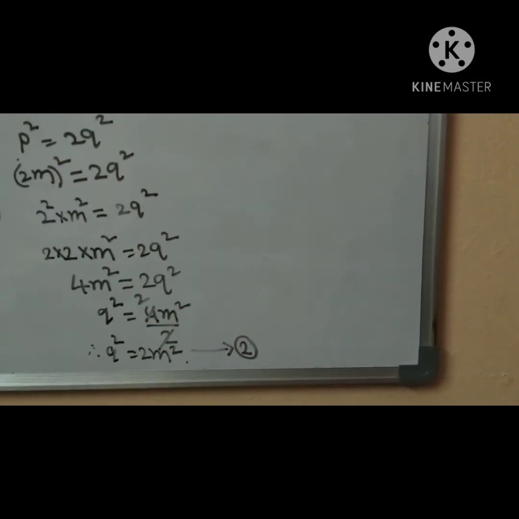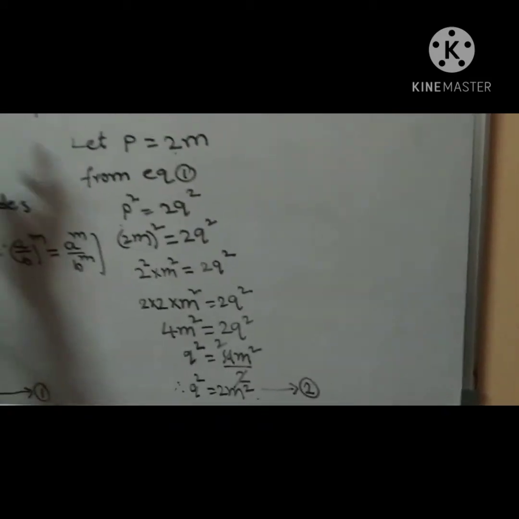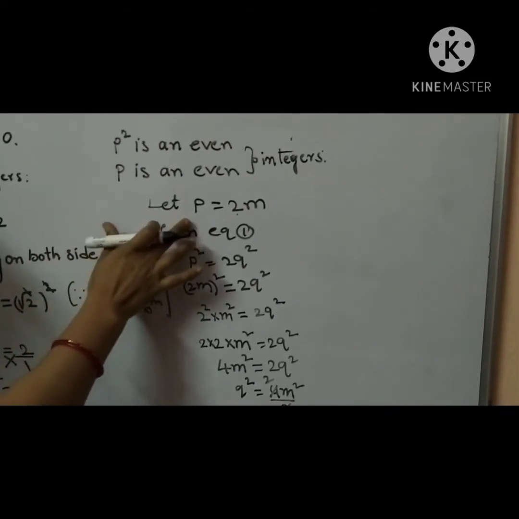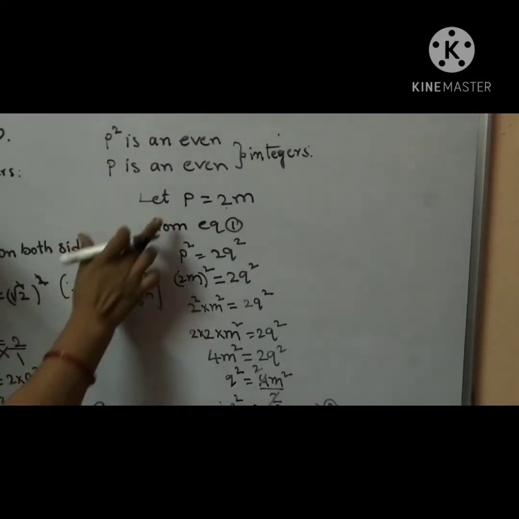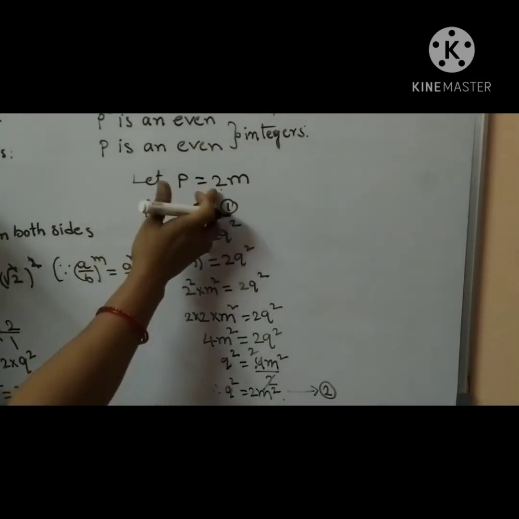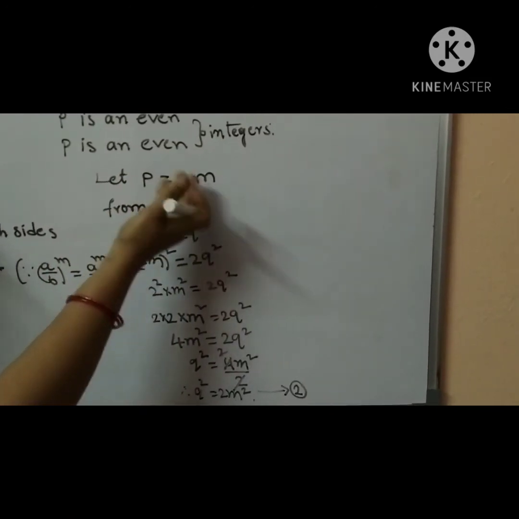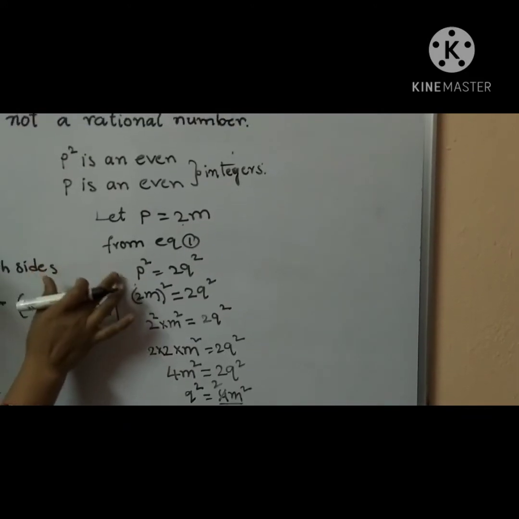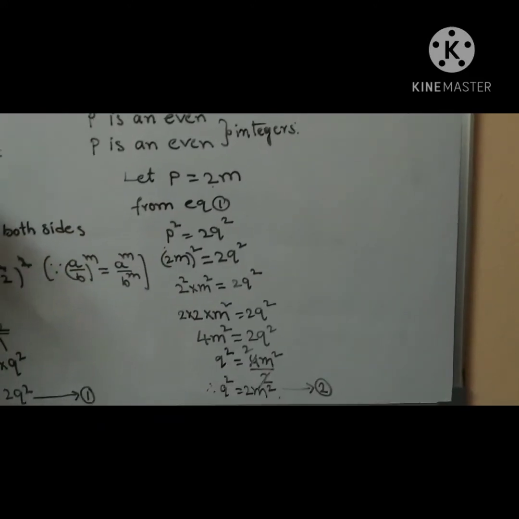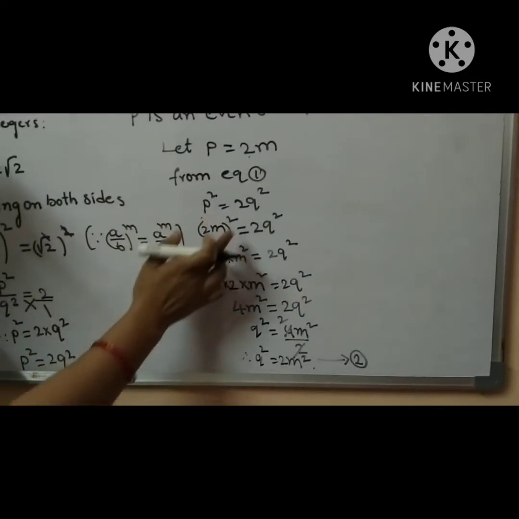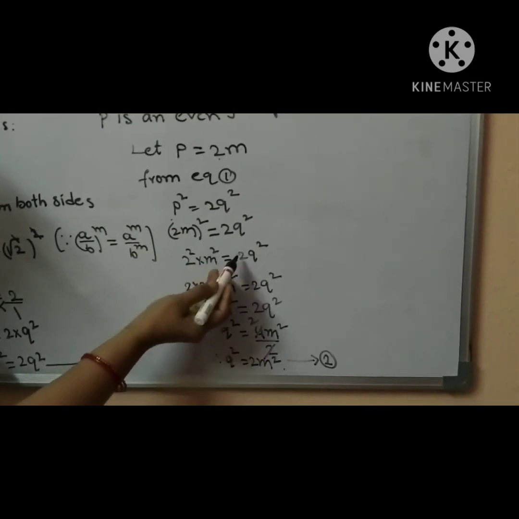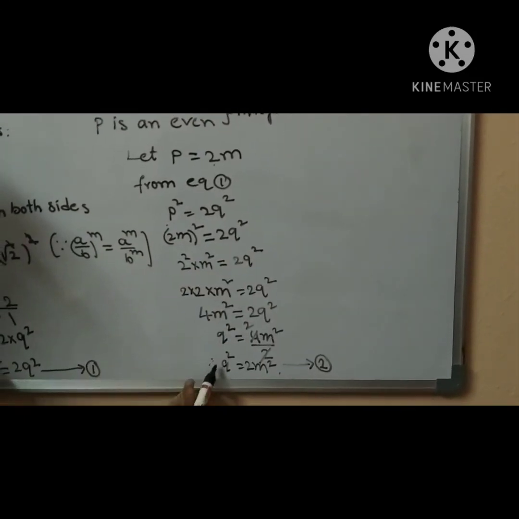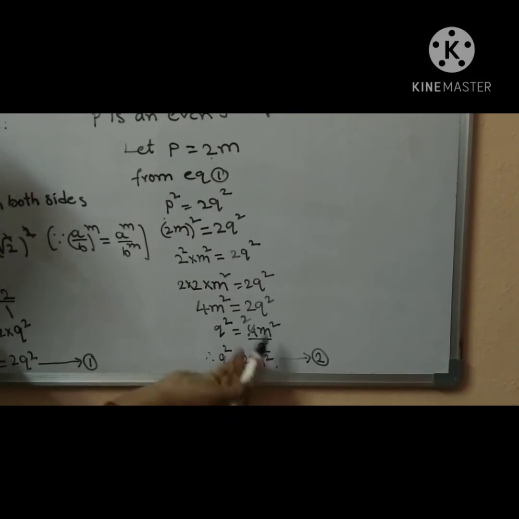Okay children, did you understand? So p square and p are even integers. Let p equal 2m. You can take 2n, 4x, like that, your wish. From equation 1, substitute the p value: 2m whole square, and 2 square into m square equals 2q square. Therefore q square equals 2m square.